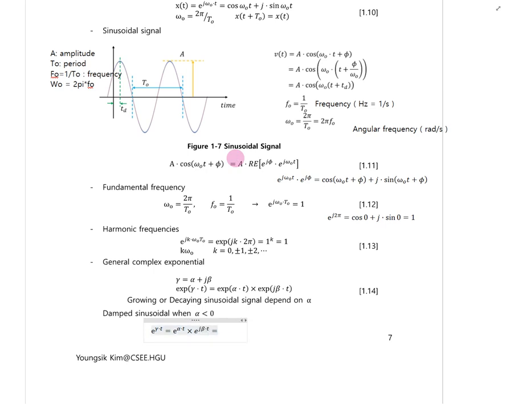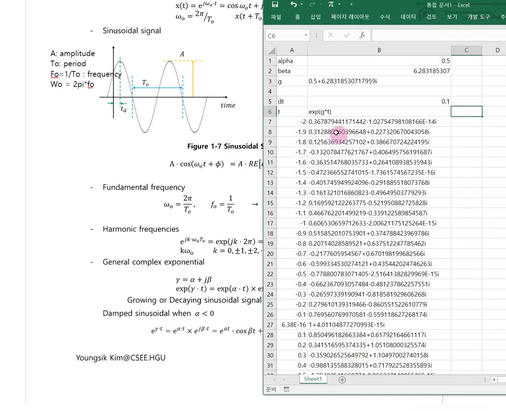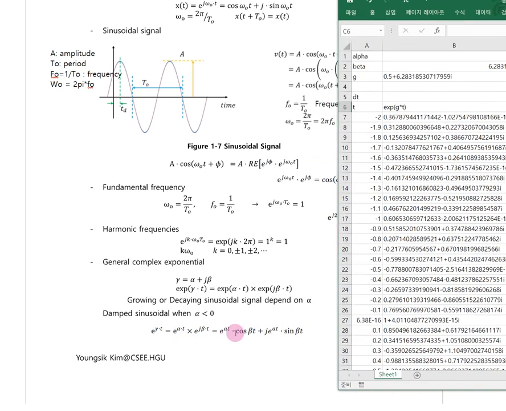So it can be expressed as e to the alpha t cosine beta t, plus j e to the alpha t sine beta t. So here the real term corresponds to e to the alpha t cosine beta t, and the imaginary term equals e to the alpha t times sine beta t.